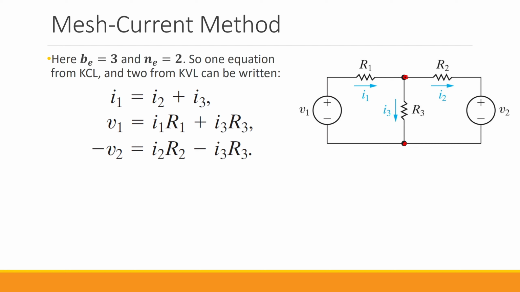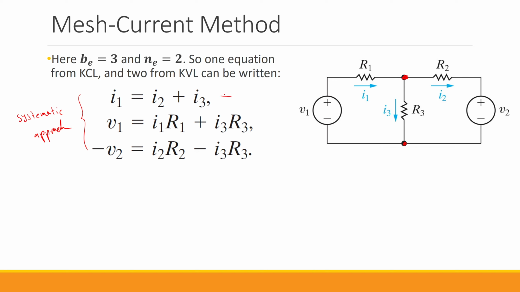So we can write 1 equation from KCL and 2 from KVL based on the currents that we defined for the individual elements. So this is still using the systematic approach. We have the KCL for node 1. So that is negative I1 plus I2 plus I3 equals 0.